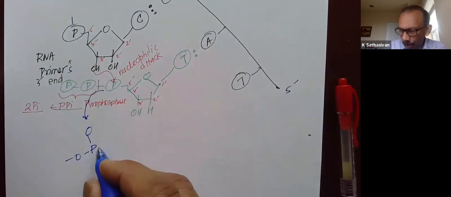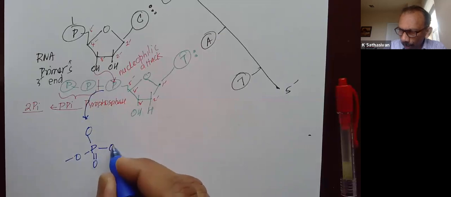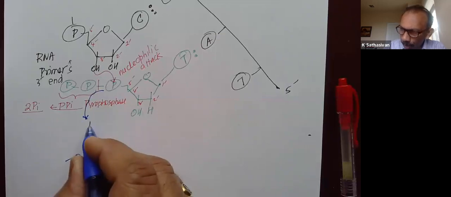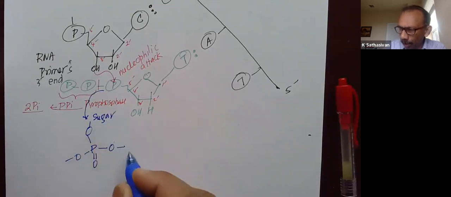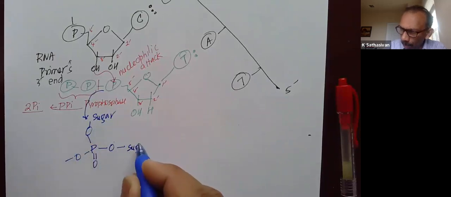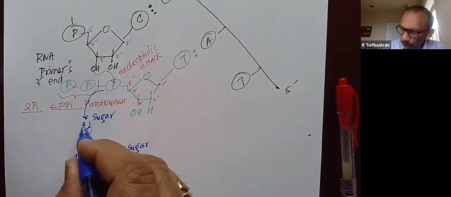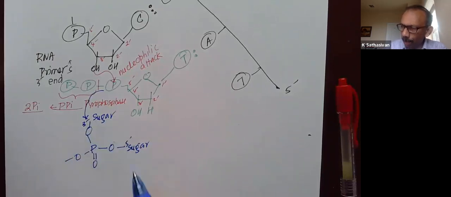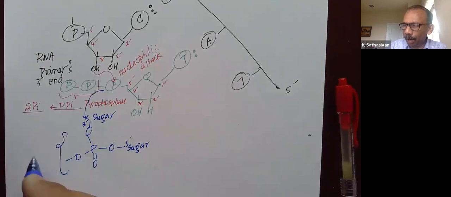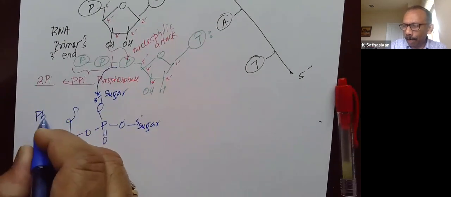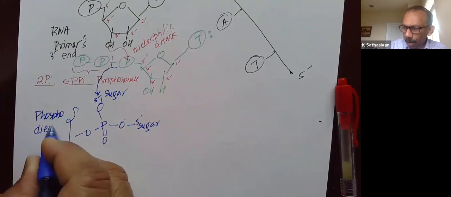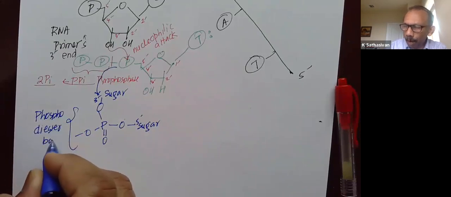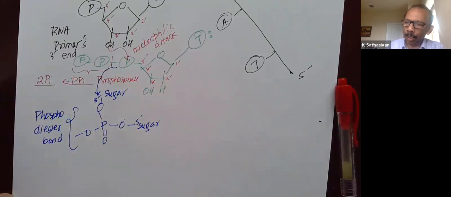This is a negative charge, and here's this double-bonded oxygen. This oxygen is connected to the sugar on the top, and this is the sugar at the bottom. So this is the 3' end of the sugar, and this is the 5' end of the sugar. This is what you call a phosphodiester bond or linkage. Okay, that's how it creates.